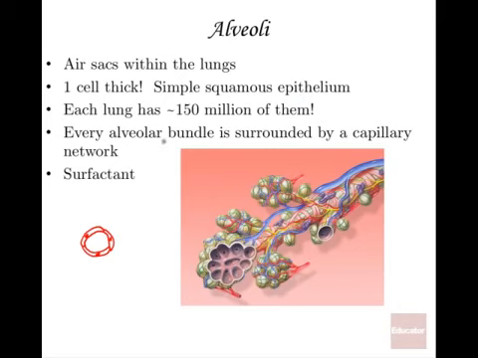So like I said before, every alveolar bundle is surrounded by a capillary network, which you see in this picture. That capillary network is getting oxygen into the bloodstream and getting CO2, carbon dioxide, into the alveoli for expiration or exhalation, getting it out of the body. Also, you see these little green lines.